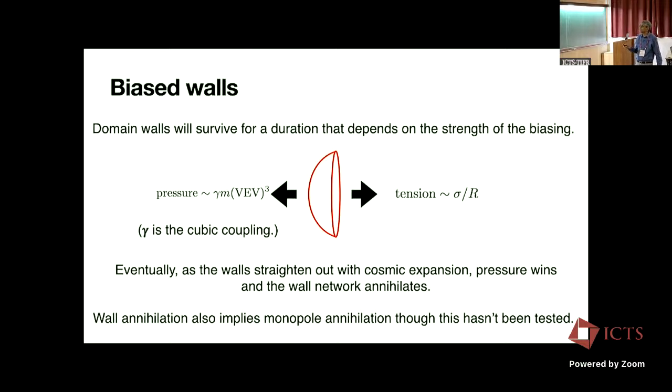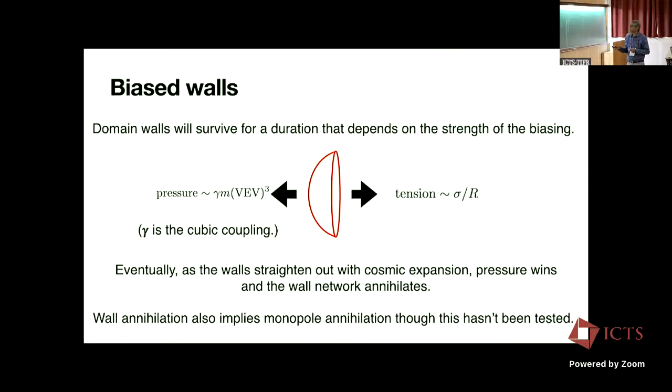But you can have a small bias, and then if there's a domain wall, there's a pressure that acts on one side, and the tension, which is due to the curvature, acts on the other side. In the beginning, this gamma is very small, so the pressure is small, and the walls move as if there was no bias at all.